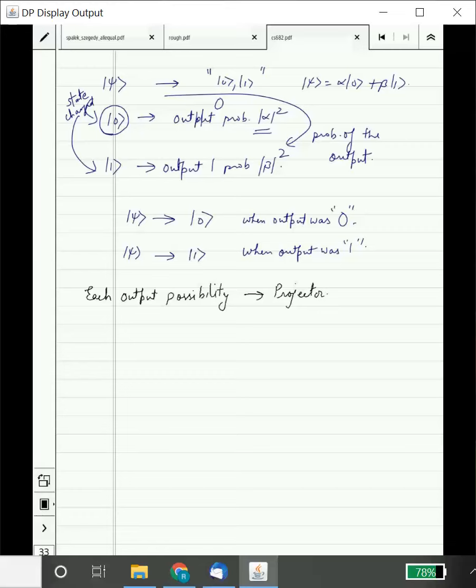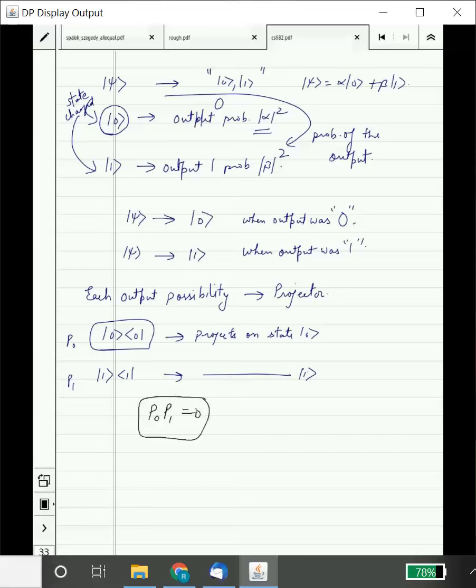If you look at the projector which projects on state 0, and the projector which projects on state 1, you will notice that P0 P1 is 0. In other words, these are projectors on orthogonal subspaces.